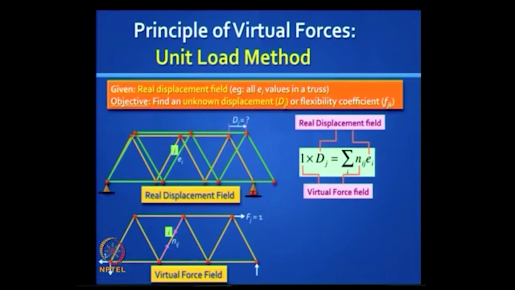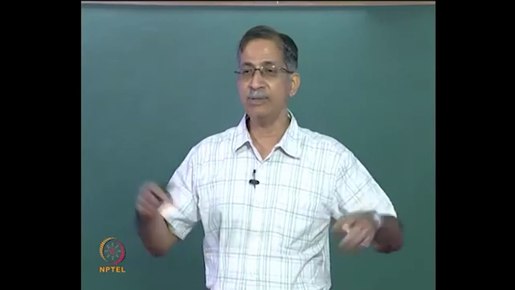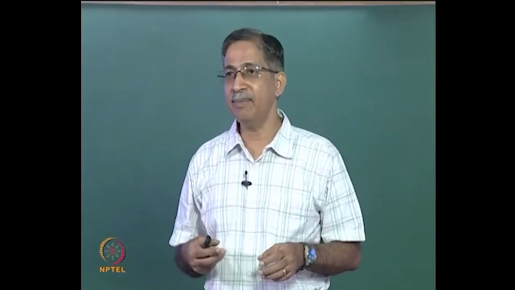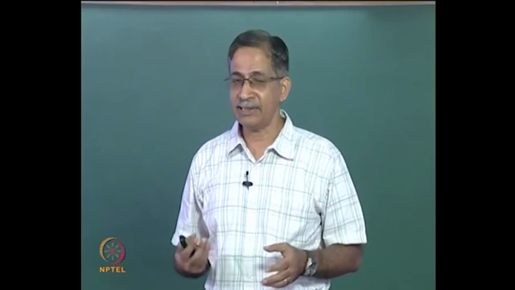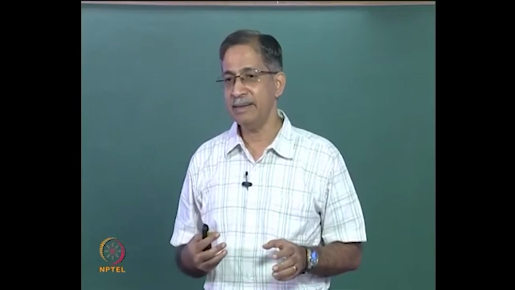This is nij in the ith bar, this is ei in the ith bar, and we are just multiplying them for all the bars and summing over i. It does not matter what caused the displacement. If the displacements were caused by the application of loads on the truss, then you can get the bar elongations from the actual forces in that real truss by multiplying Ni with fi.